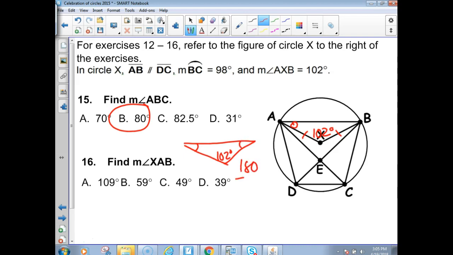So I'll do 180 minus 102, which is 78, and then what? Divide by 2. That would be 39. So that little angle there is 39, so is the one over here. Oh boy, a lot of stuff on that picture.